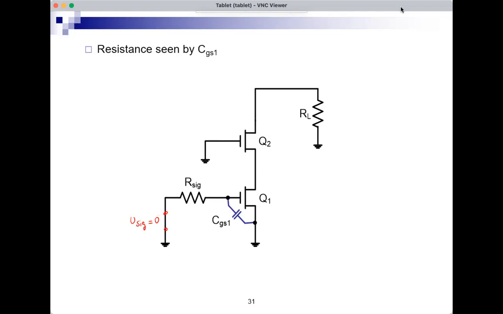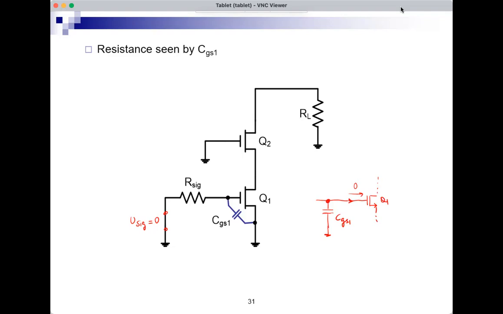So CGS1, what does it see? What is the resistance seen by CGS1? Well, CGS1 is connected between the input and ground like this. And on this side, there is the gate of Q1. But we know that there's no current here, and therefore there's an infinite resistance looking into the gate of Q1.